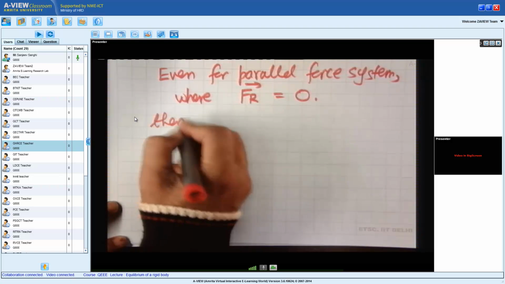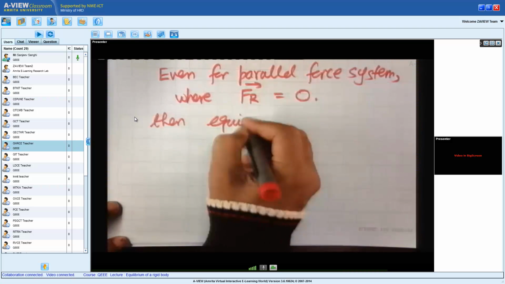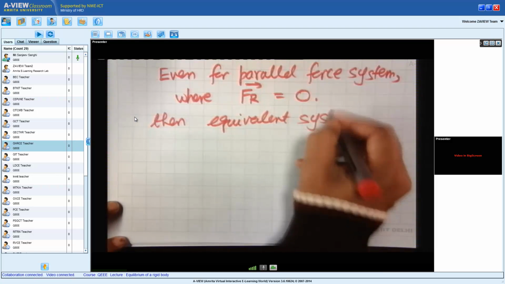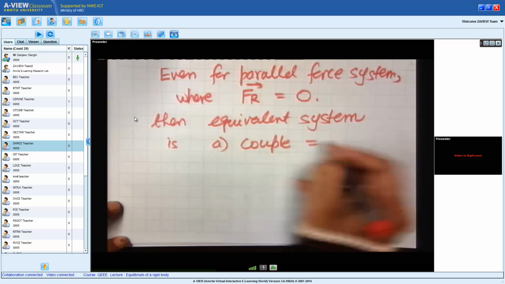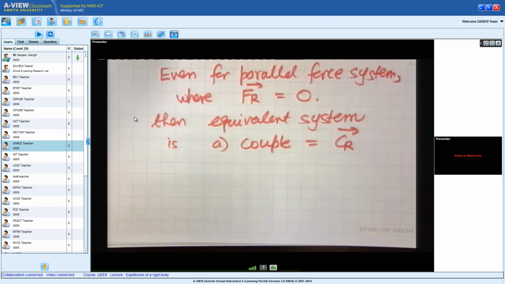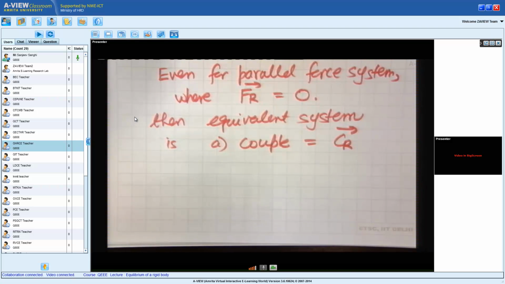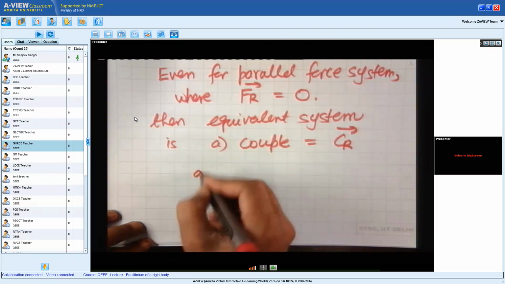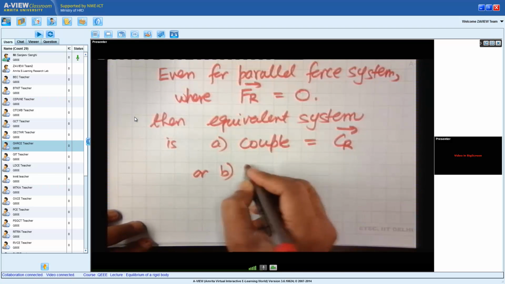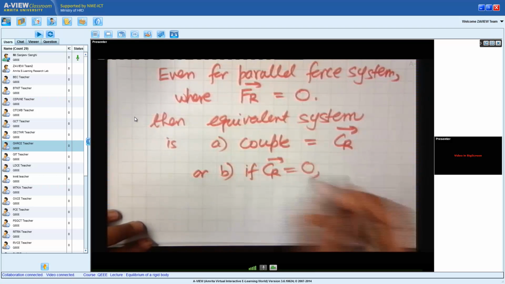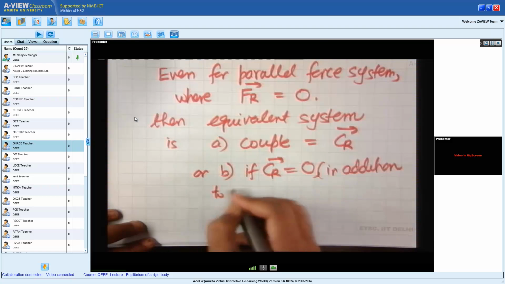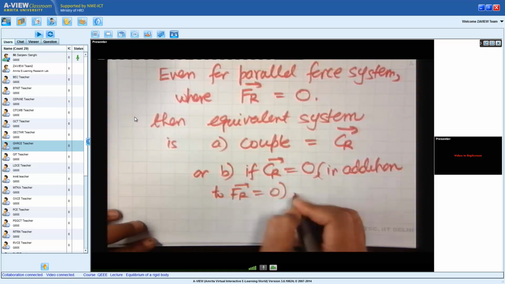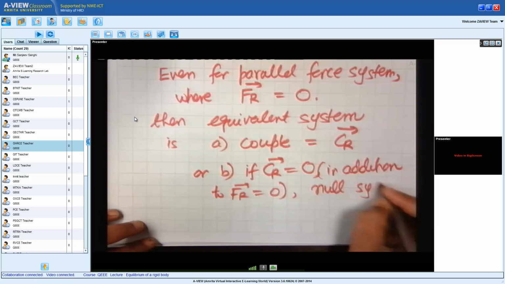Then in this case, the equivalent system is either a couple which is equal to CR, and this couple will be the same about all points, just a couple not associated with any force, or the other case: even if CR is 0, in addition to FR being 0, then this would be a case of what we call a null system.